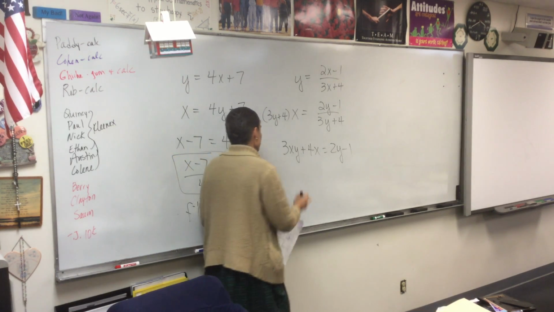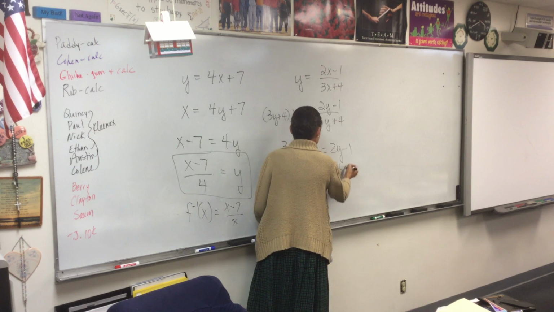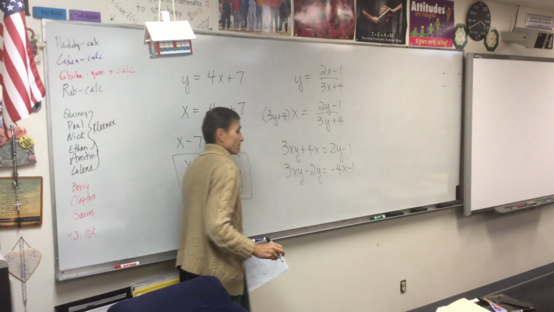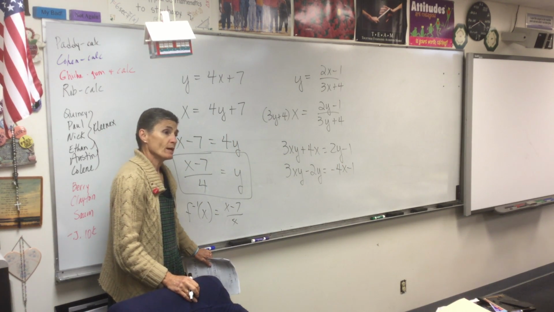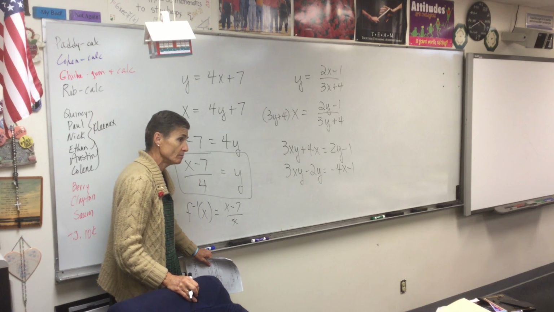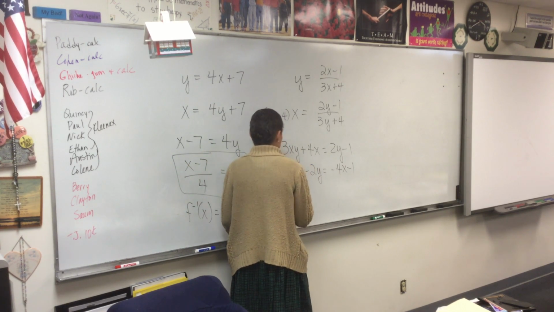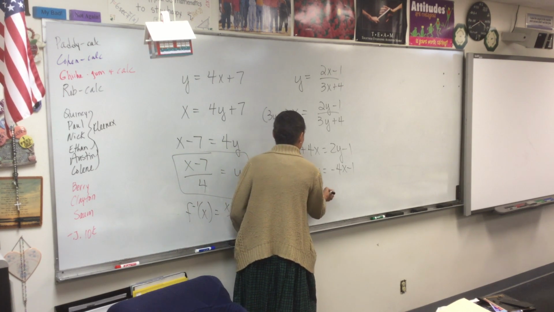Get the y's on the same side. Somebody back there knows what's going on. Good job. Once we've rearranged the problem so the y's are on the same side, Paul? Take out the y. We're going to factor it out. So we'll be left with 3x minus 2.